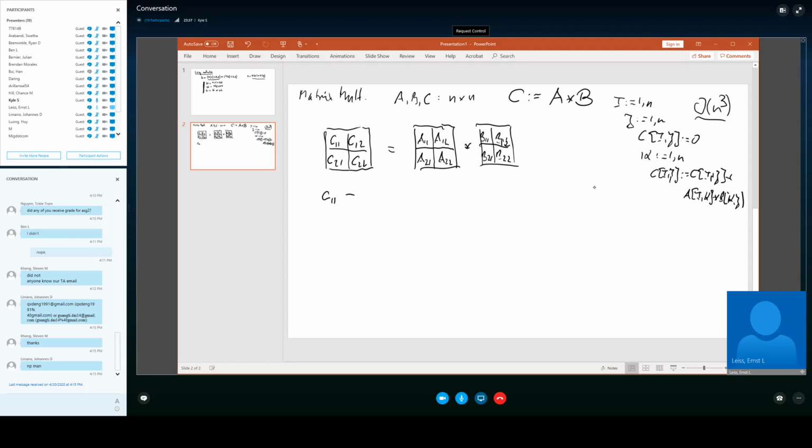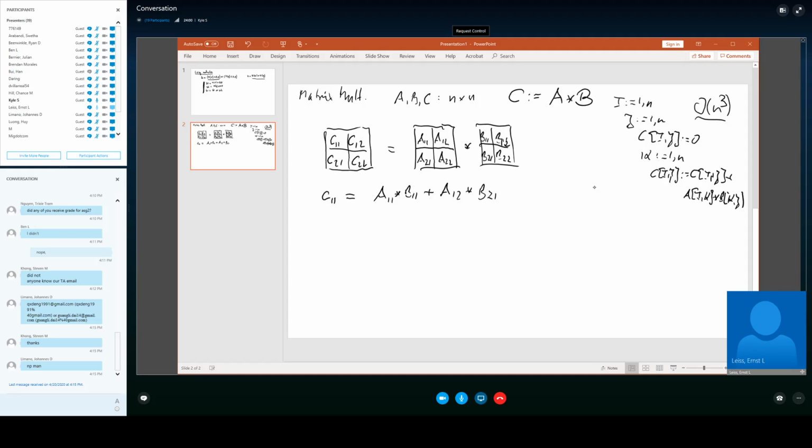And so C11 is then A11 times B11, so this times that, plus A12 times B21. So it's this row with that column, and so this is the same story as before.